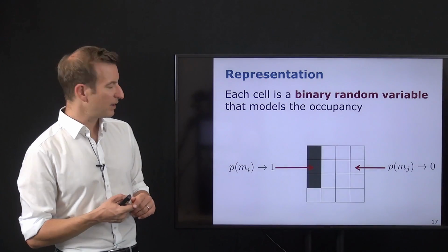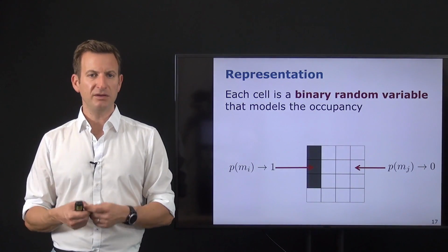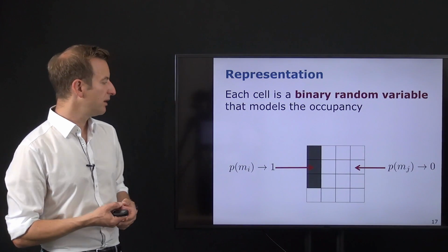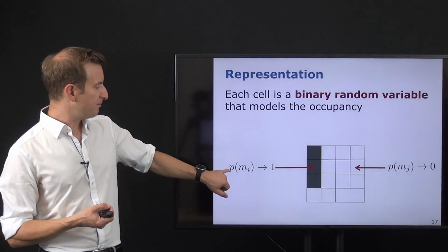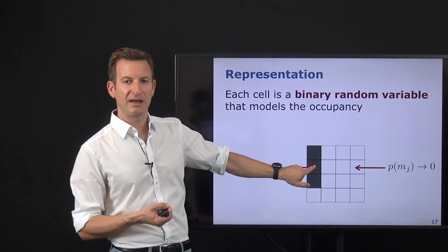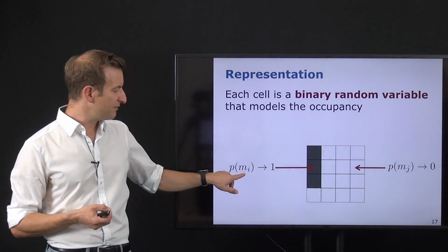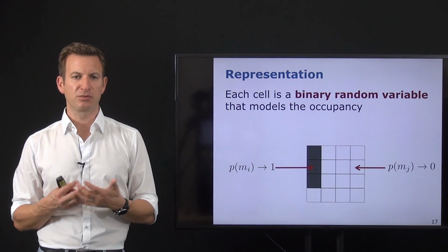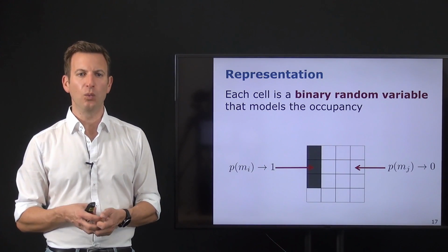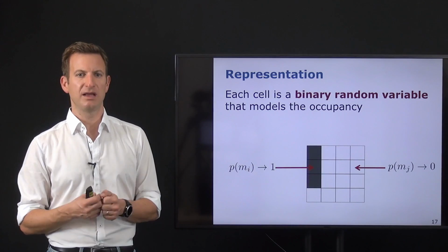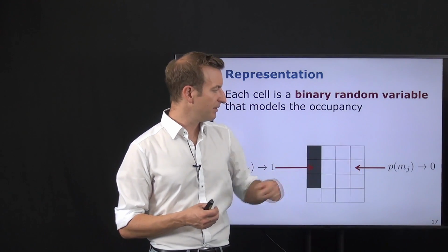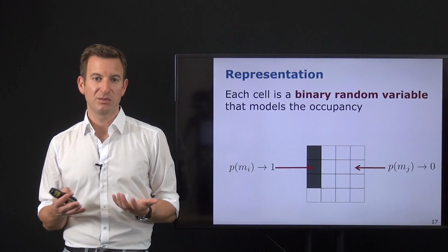So if we want to estimate the occupancy probability, that's where the name comes from, occupancy probability map, or occupancy grid in short, this is P of mi. Let's say this is a cell with the index i. Then if P of mi is 1, it means this cell is occupied. The probability for occupancy equals 1, so I'm sure this cell is occupied. In this example, that cell mj has a probability which goes towards 0.